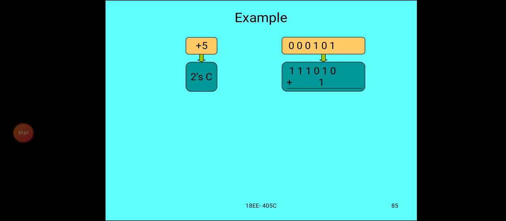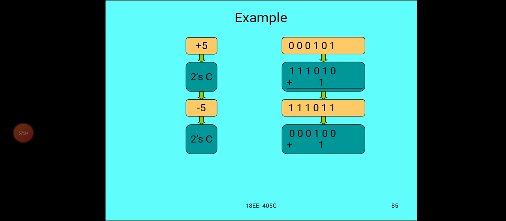The 1's complement is 111010. Add 1 and we get 111011, which is minus 5. Taking the 2's complement of minus 5, the 1's complement is 000100, adding 1 will get the positive number 000101.